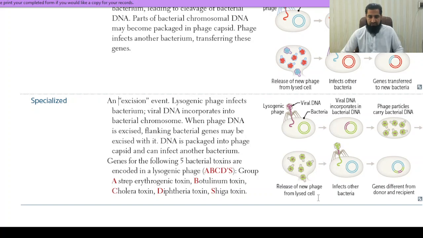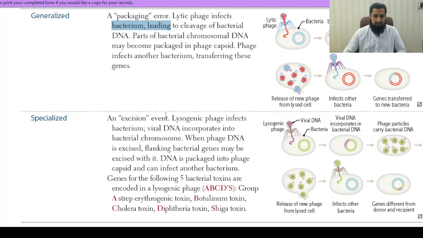Lysis produces new phage, and when these infect other bacteria, the genes transfer from donor to recipient. So in this case you will find the bacterium's own DNA, the phage DNA, and the other bacterium's DNA. This is called specialized transduction. This is an excision event, and this was the picking error.